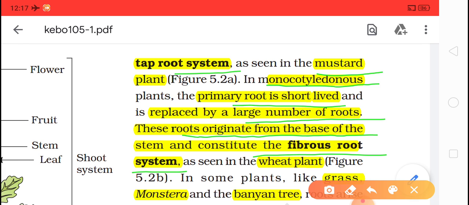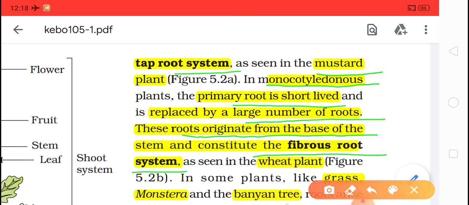Tap root is true root that arises from radicle, and fibrous also arises from radicle, but it is a thread-like structure that we have seen in wheat plant. Many pulses also. Clear about tap root and fibrous root? Both originate from radicle.